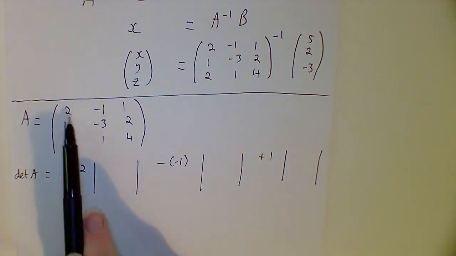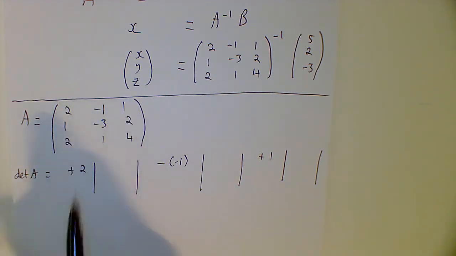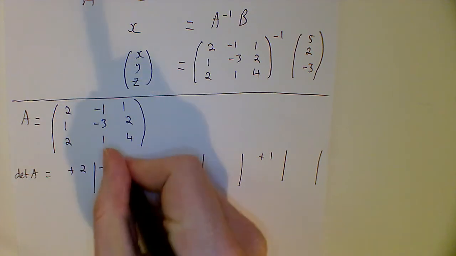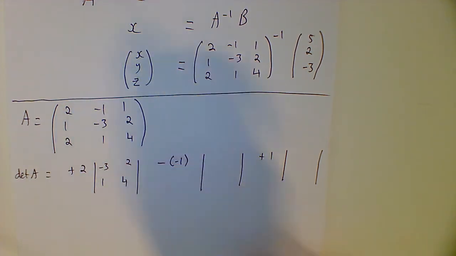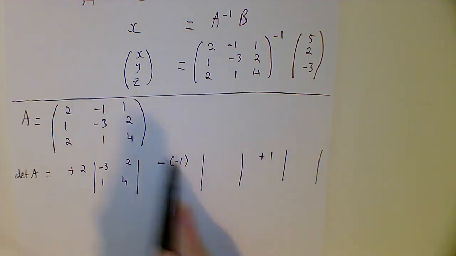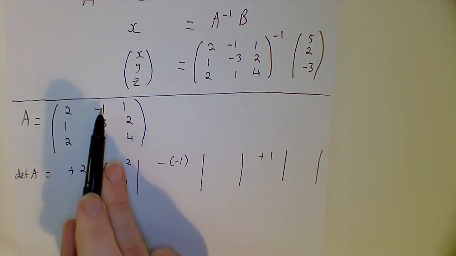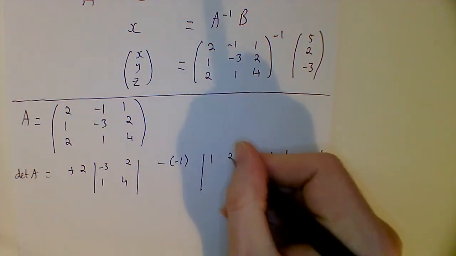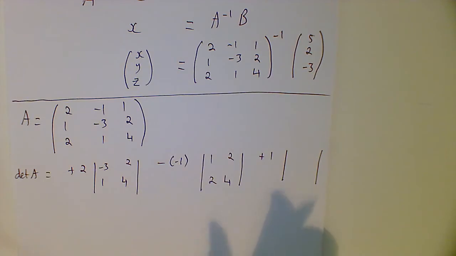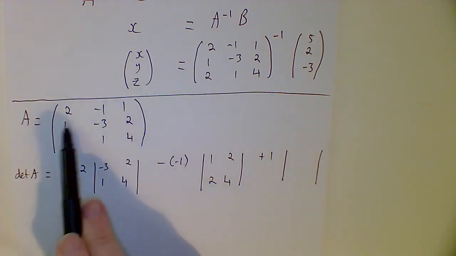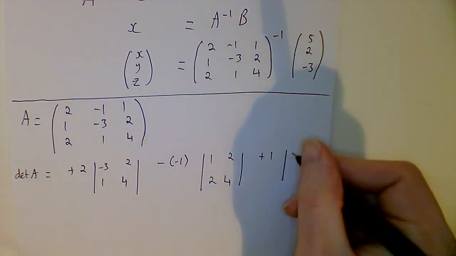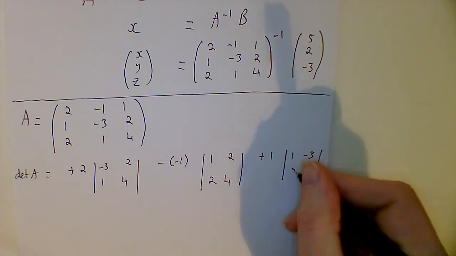So this one here, negative 3, 2, 1, 4. The corresponding element here, negative 1: 1, 2, 2, 4. And lastly, 1: 1, negative 3, 2, 1.